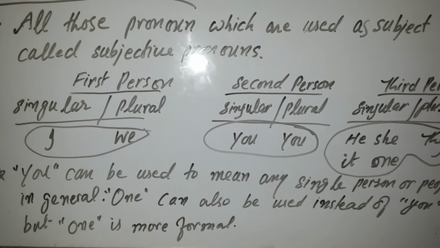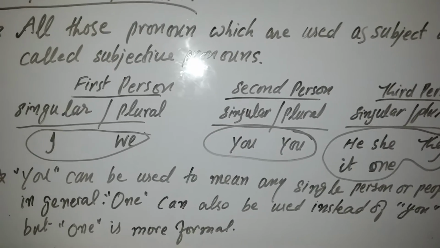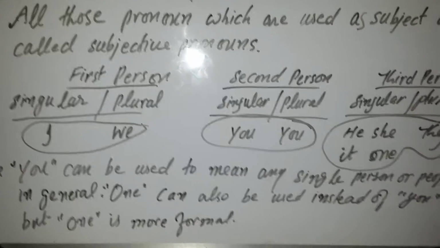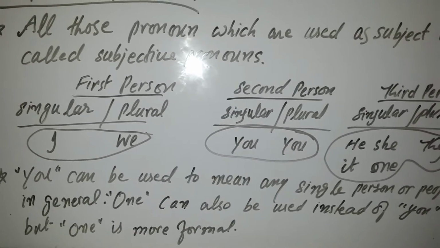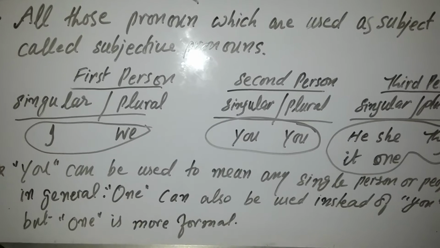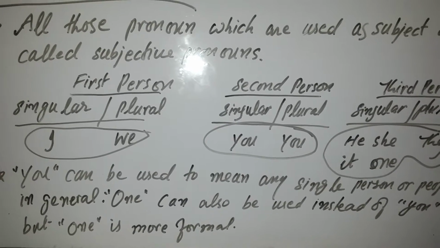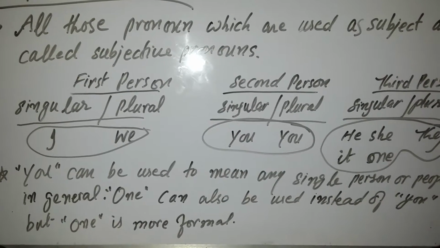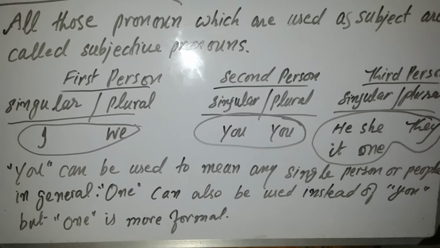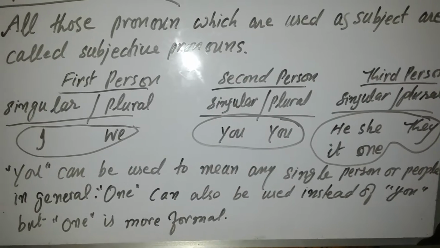For example, you are a good man, you should work hard. If you are talking in general, you can also use "you". For example, you should be very careful while entering a library. You should keep silent. There shouldn't be any noise in a library.